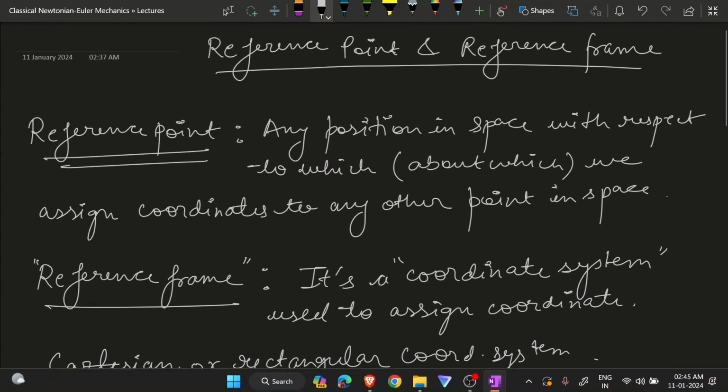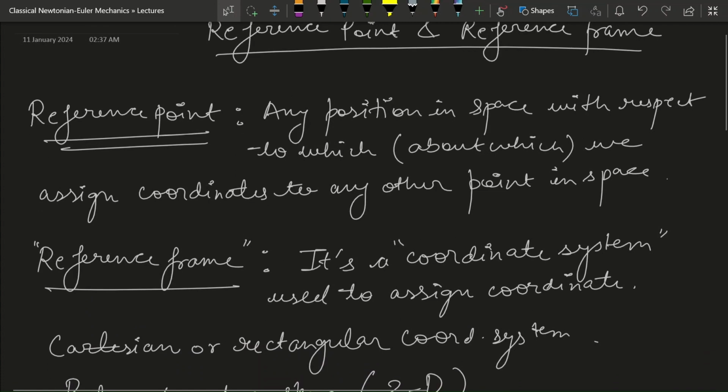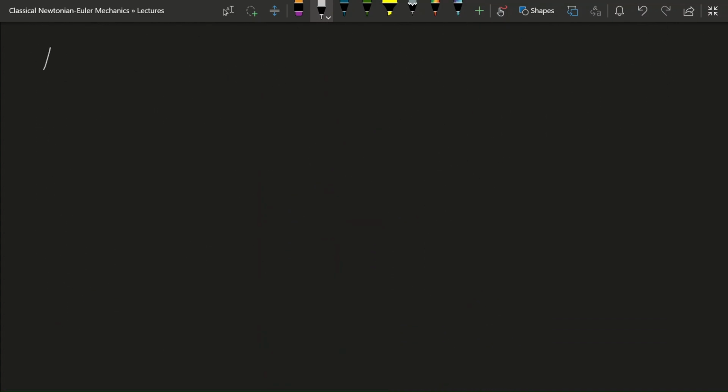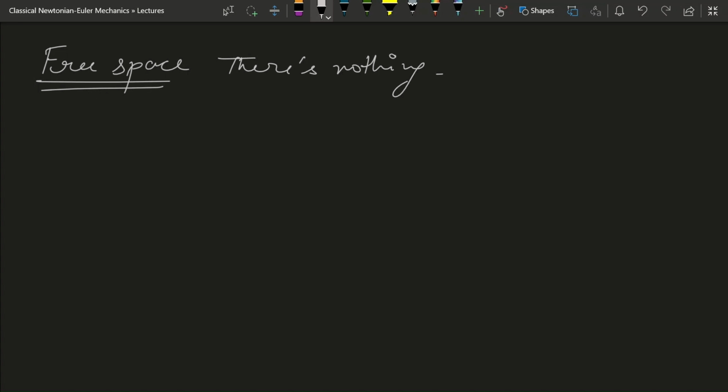And what about reference point? We have talked about reference frame. So I defined it as any position in space with respect to which any other point can be assigned a coordinate. Suppose we are in free space. So there is nothing. Okay. And there is an event occurring.